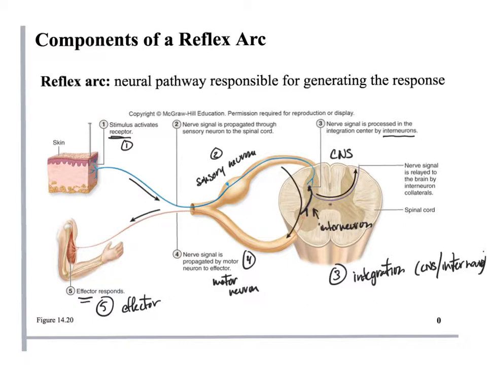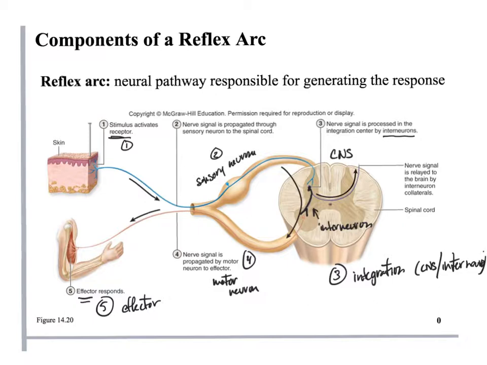So you put your hand on the stove, sensory information comes in from the skin through the sensory neuron to an interneuron, which then immediately activates your effector response, to the output muscles, and contracts the brachialis muscles and pulls your hand away because, hey, that's too sharp, or in this case, too sharp with the nail.